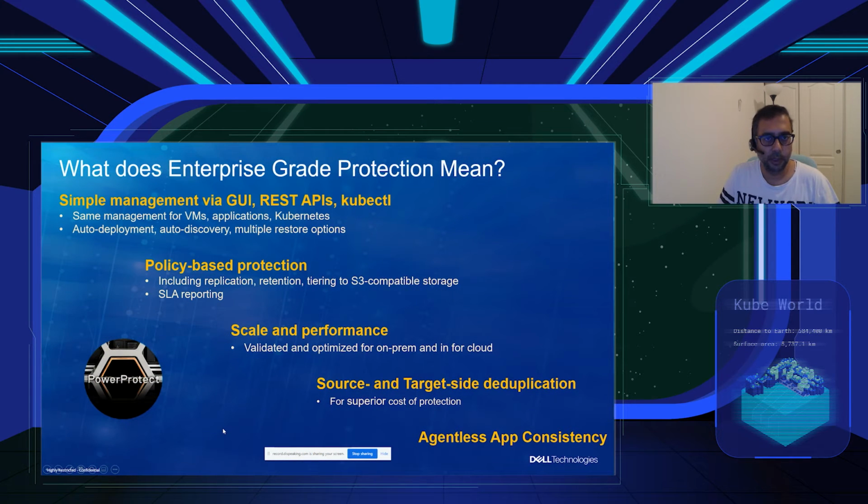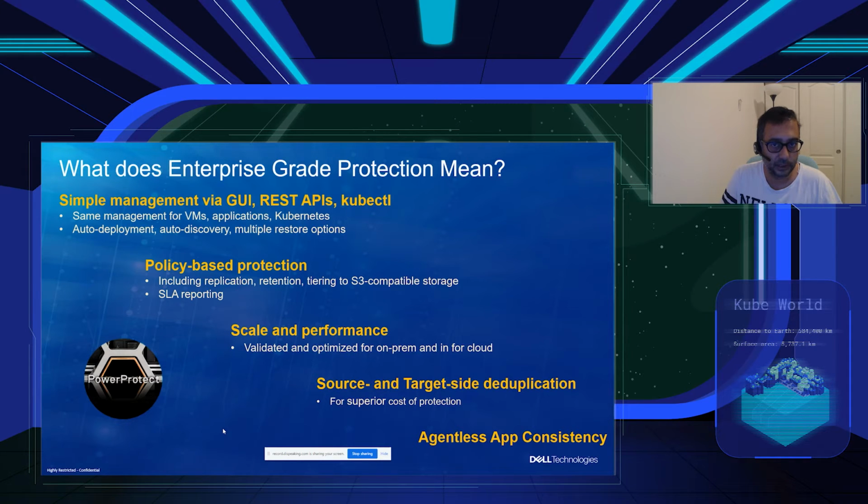So let's talk about what enterprise grade data protection means. Here we illustrated some of the key things that an IT team looks for when they talk about enterprise grade data protection, and it's also how we define it. So the first thing is the ability to provide management via a user interface.